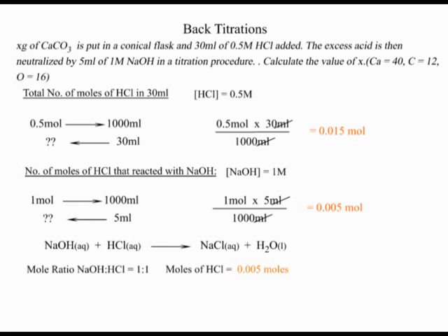So the total number of moles in 30 milliliters of hydrochloric acid was 0.015. 0.005 moles reacted with sodium hydroxide. So how many had reacted with calcium carbonate? We simply subtract. 0.015 minus 0.005 will give us 0.01 moles.